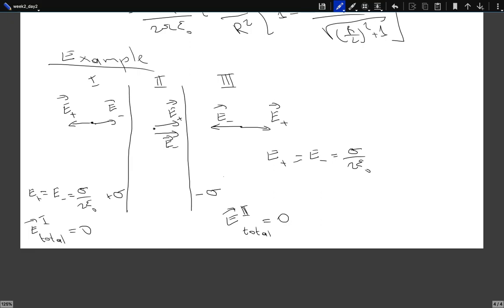So only in between, they will not cancel. So we will have a total electric field in region 2. Each one of them has the magnitude sigma over 2 epsilon 0. When we sum them up, it's just sigma over epsilon 0. This is the magnitude of the total electric field. Let's call the horizontal direction the x direction, so it will be in the i direction.